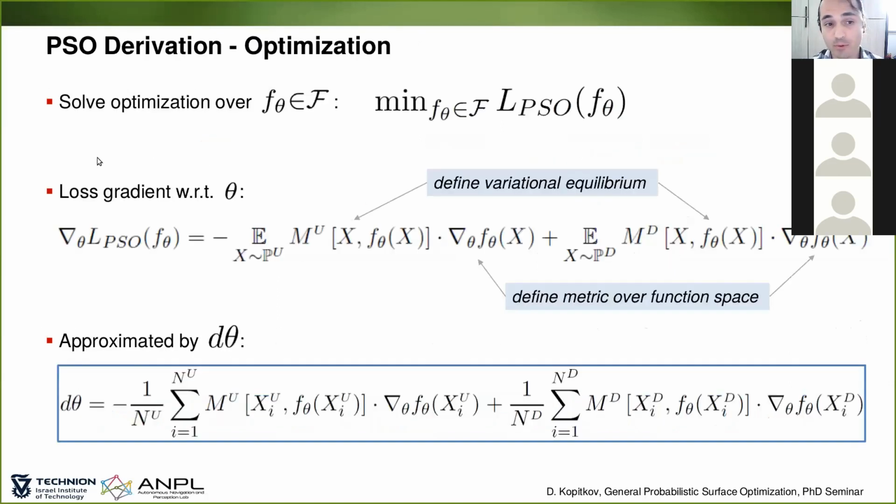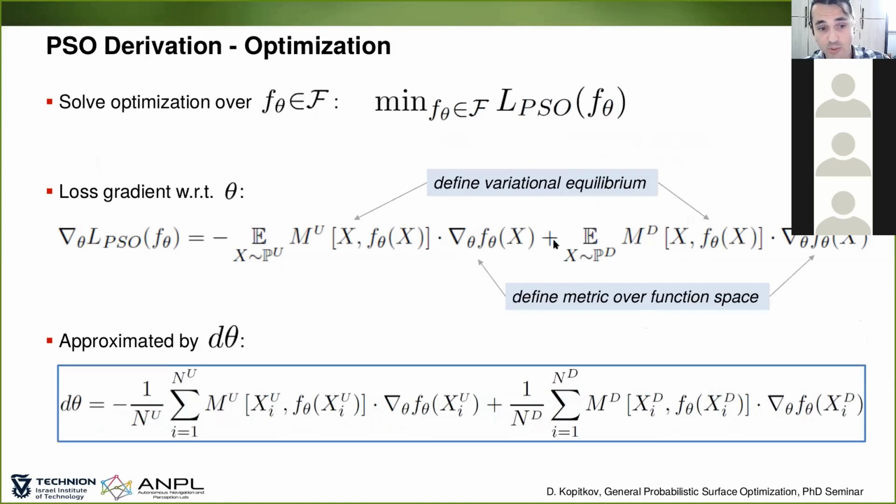Next, I'm proposing just to solve this optimization: let's find the function that minimizes this functional. So I'm taking some function space with functions parameterized by theta and solving this optimization problem, which usually we do with a gradient descent algorithm, which requires the gradient of the loss with respect to theta right here.